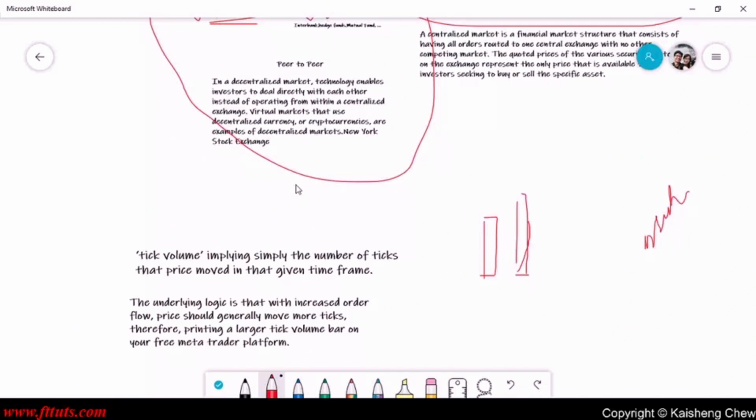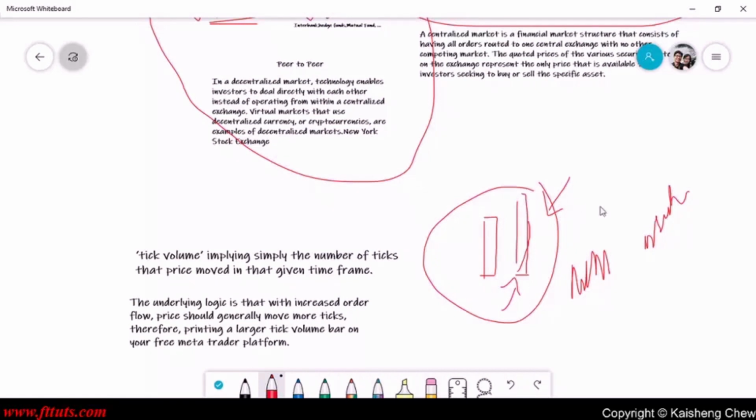But the underlying logic is that with increased order flow, price should generally move more ticks. Generally this is not the order volume but a tick volume, but it can also represent it, and it will be about 80% accurate, because when there are a lot of orders, meaning a lot of price movement and a lot of activity, this will increase as well.